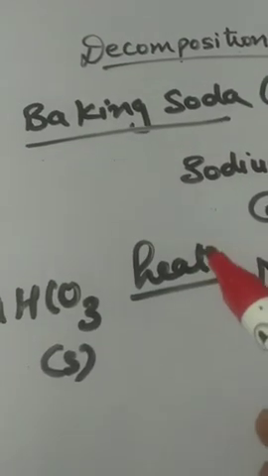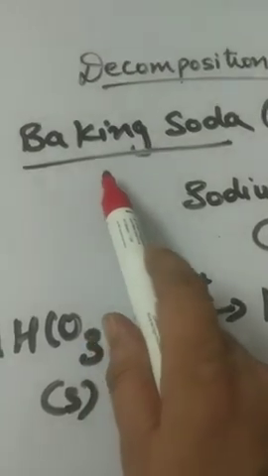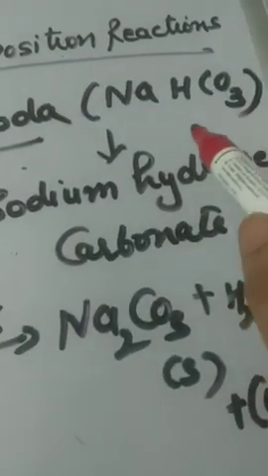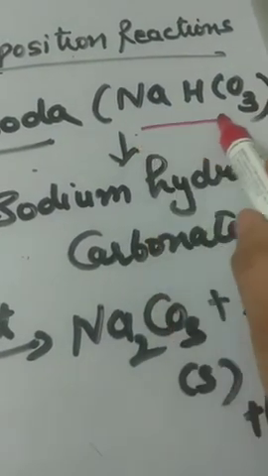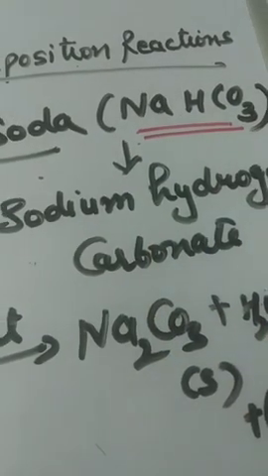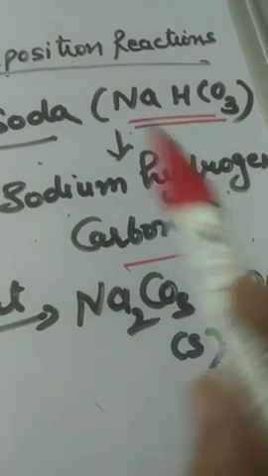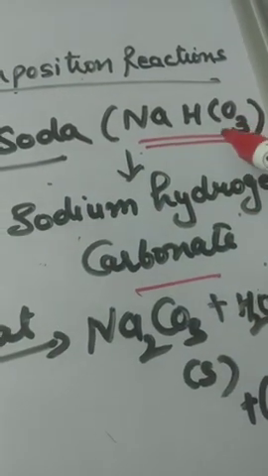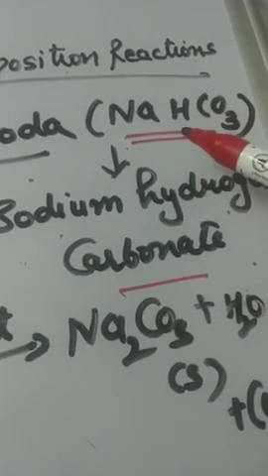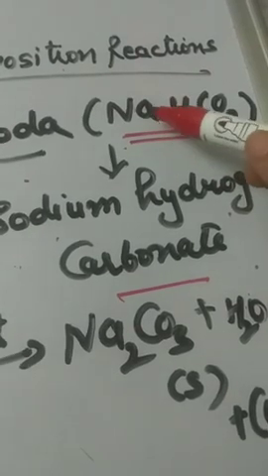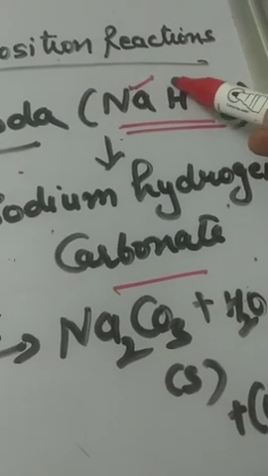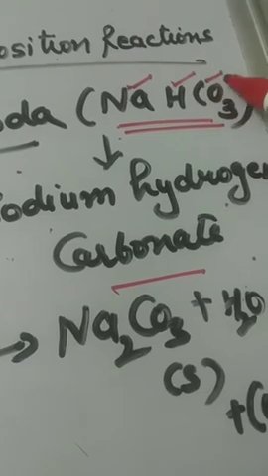Another example, decomposition of baking soda. The formula of baking soda is NaHCO3. What is the other name? Sodium hydrogen carbonate. So how many elements are present in the formula of baking soda? Sodium, hydrogen, carbon, oxygen.